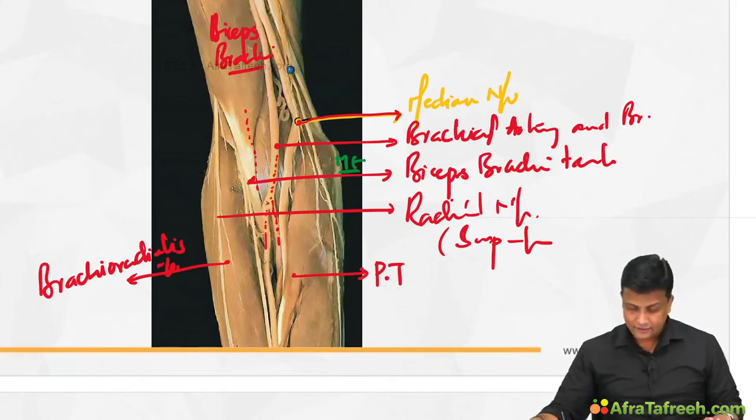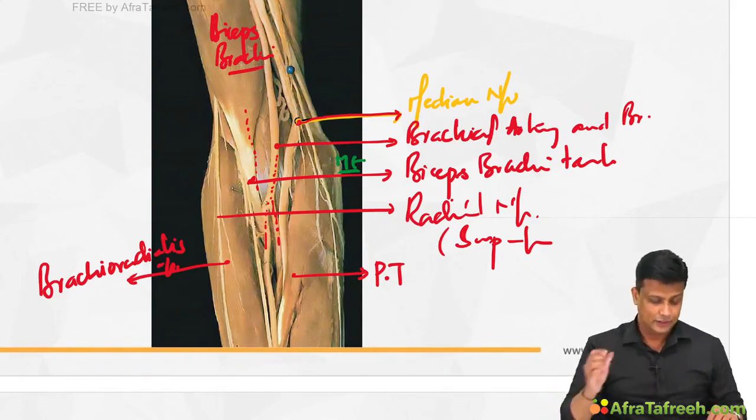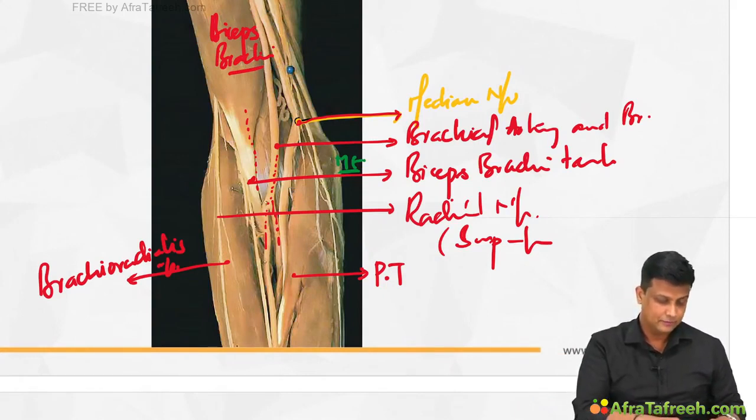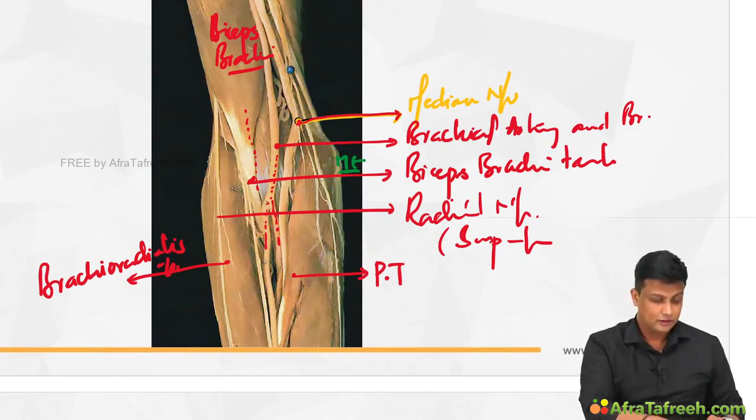On the lateral side, a thick bulky muscle, brachioradialis, you can easily identify that one. Okay, that's the way how you will be easily able to identify the lateral and medial aspect here, guys.